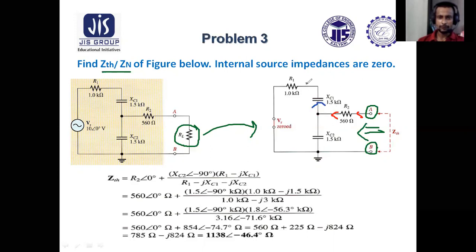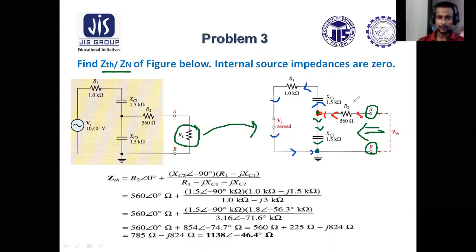You may follow this path to reach this point, or you may follow this path from this point to reach this point.